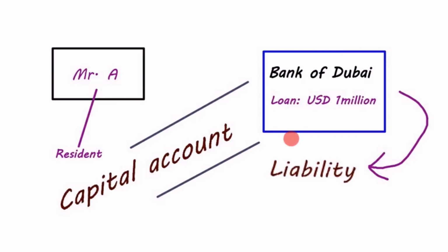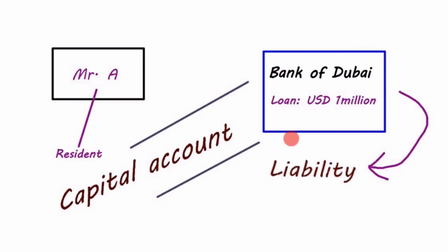That will result in liability. So in both these examples, the transactions are altering the assets and liabilities of Mr. A. Both these transactions, purchasing a flat and taking a loan, fall under the category of capital account transactions.